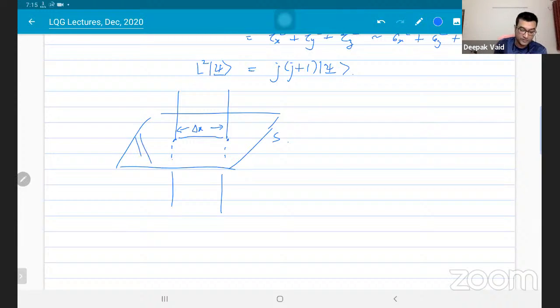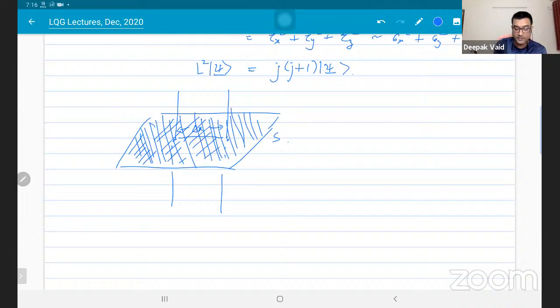It already has lots of punctures, and that gives you an approximate notion of a metric on the surface. So basically I have a tiling or a tessellation of my surface with these quanta. If I have such a tessellation, then I can define a notion of distance between one tile and another tile.